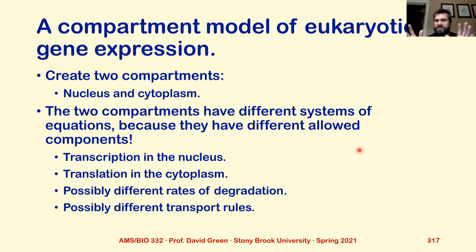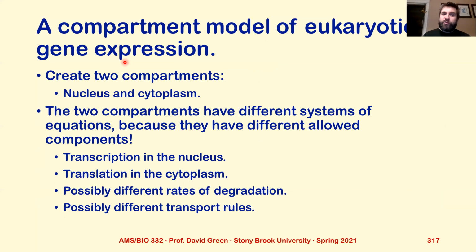So how might we do this? Let's focus, just to illustrate the principles, on a simple problem of looking at gene expression of a cytosolic protein or of a transcription factor that needs to enter the nucleus, and not worry about the other potential compartments in the system.